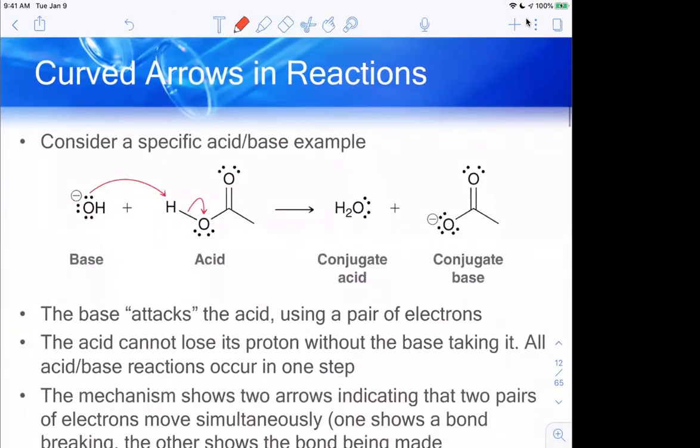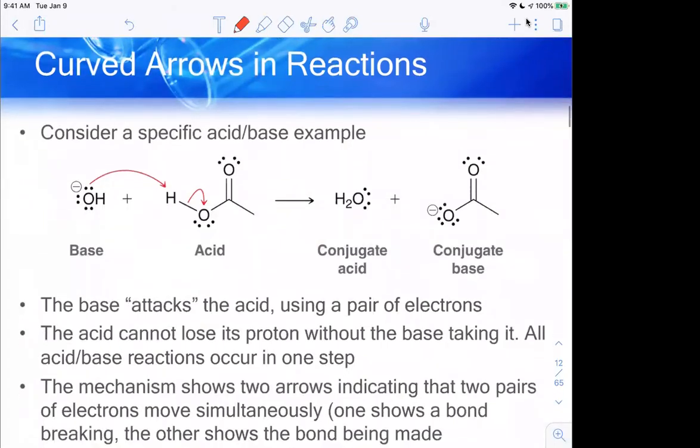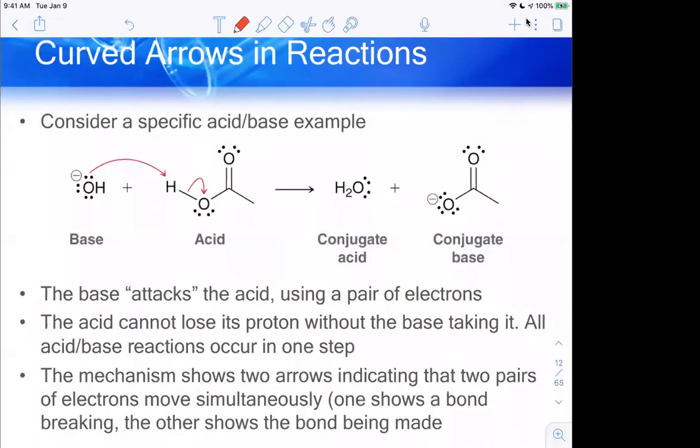So consider this specific acid-base example. This is a negative charge, right? This is high electron density. This is partial positive. This is partial negative. This is low electron density.